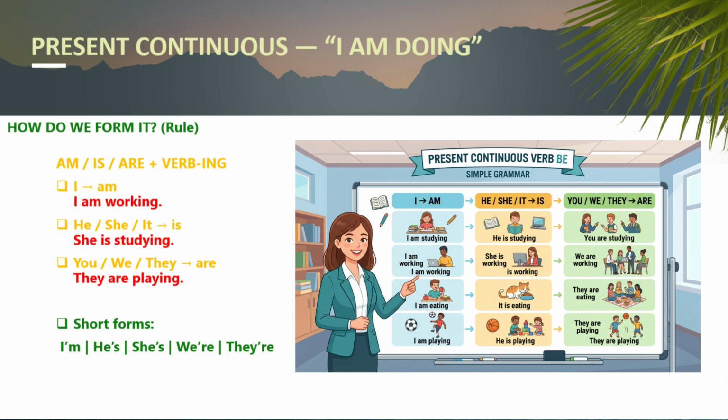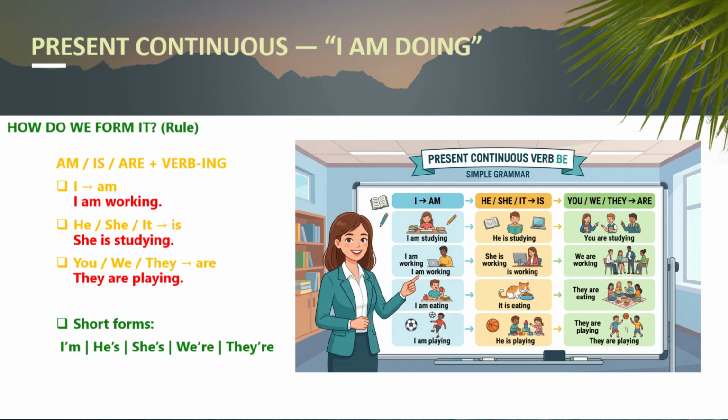With he, she, and it, we use is. For example, he is working, she is studying, and it is raining. Again, in natural spoken English, we usually say he's working, she's studying, and it's raining.